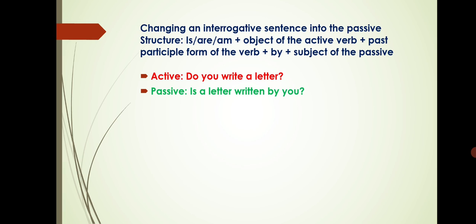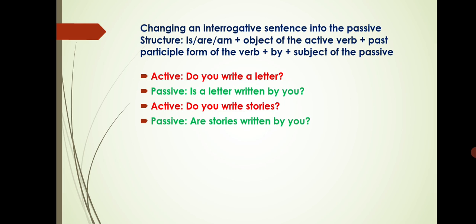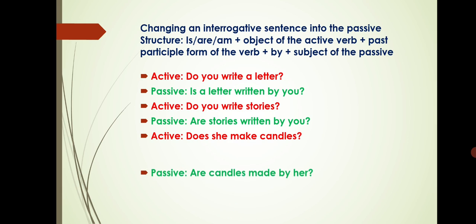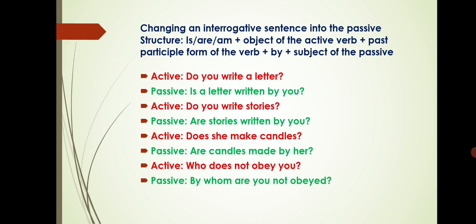Passive sentence: Is a letter written by you? Active sentence: Do you write stories? Passive sentence: Are stories written by you? Active sentence: Does she make candles? Passive sentence: Are candles made by her? Active sentence: Who does not obey you? Passive: By whom are you not obeyed?